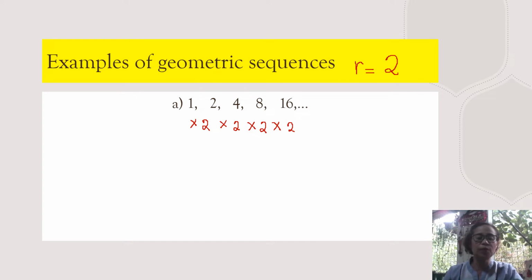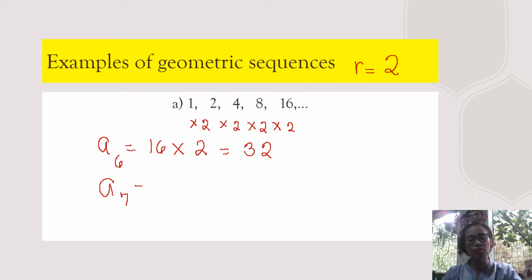Therefore, if you'll be asked, what do you think will be the sixth term of this geometric sequence? 1, 2, 3, 4, 5. Obviously, the sixth term would be simply 16 times 2, and that is 32. Moving on, if you'd be asked what would be the seventh term, or a sub 7, we just multiply 32 times 2, and that is 64.